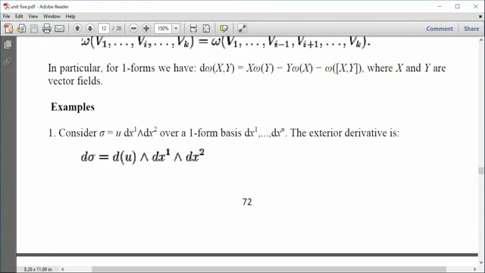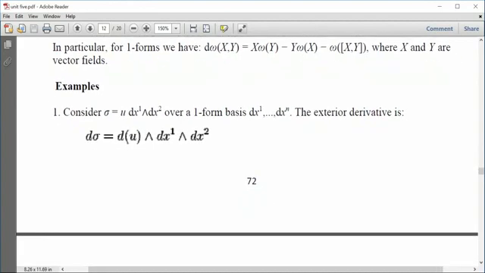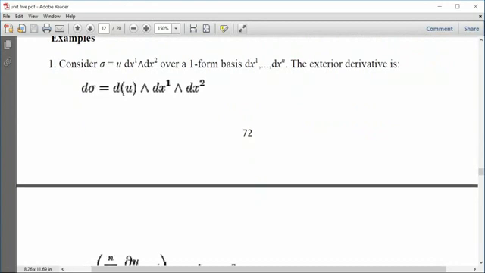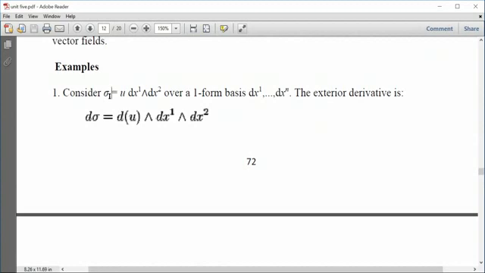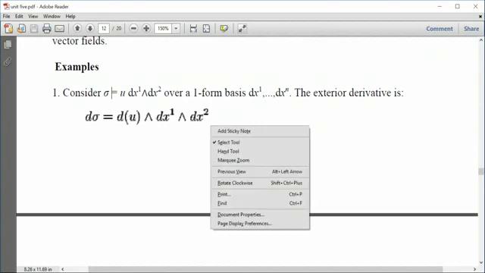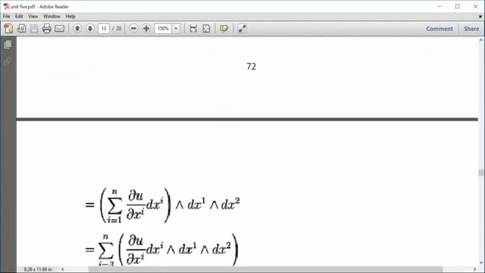So we want to consider the derivative of that function, and we want to find its exterior derivative. So we are differentiating this function. You differentiate both sides, and the derivative will come on the variables. That's why you say du cross dx1 cross dx2.